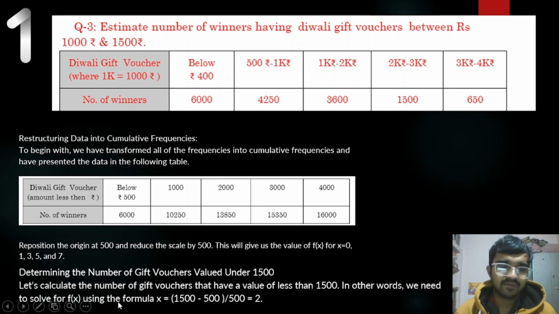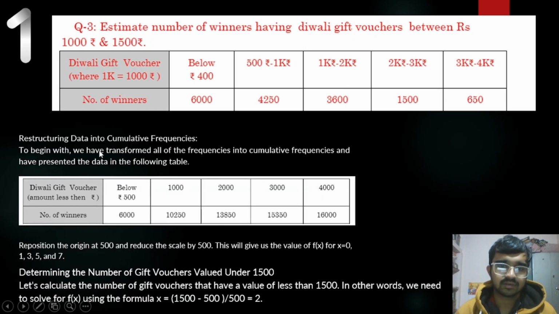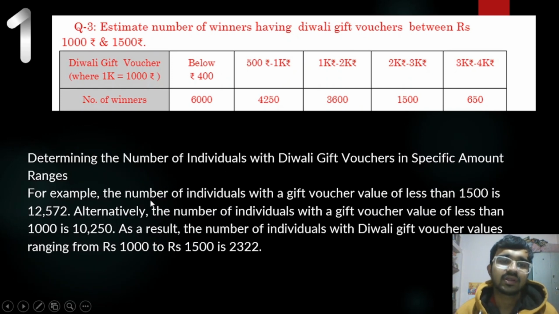To solve fx using the formula, for 1500, x equals 2, and when we put the value 2 in Lagrange's formula, we got approximately 12572.